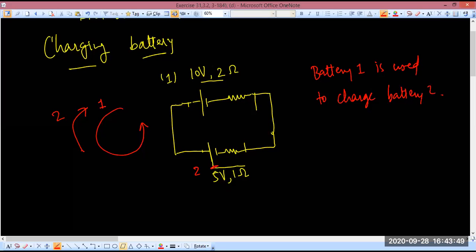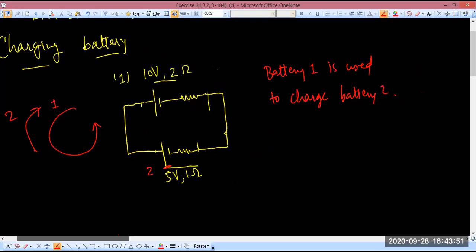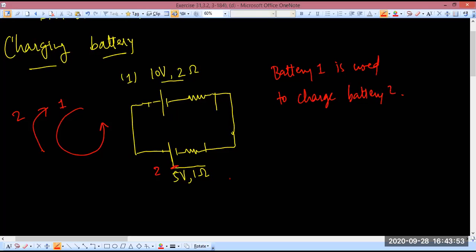So in this situation, if we want to find out how much current is flowing and what the terminal voltage is, then for battery 1, I repeat, we will have to use V1 = epsilon 1 minus I R1, because battery 1 is getting discharged.